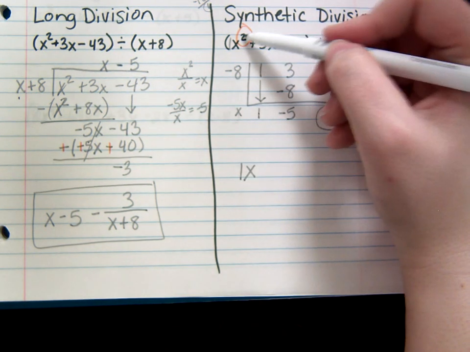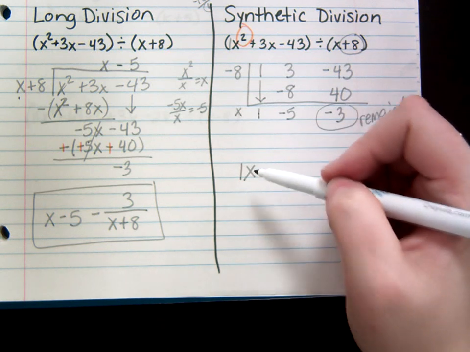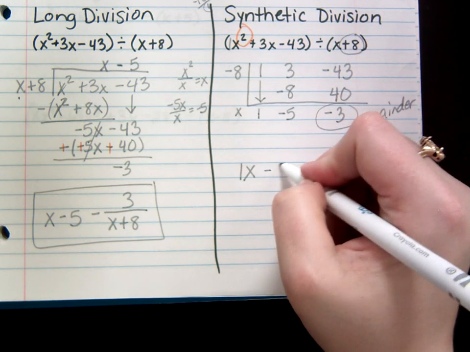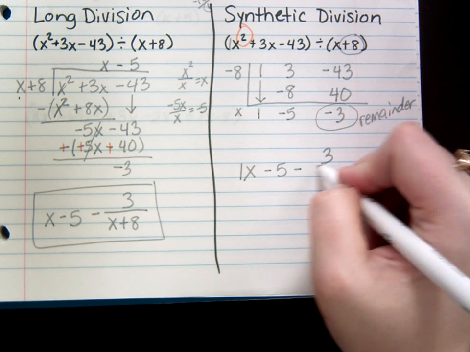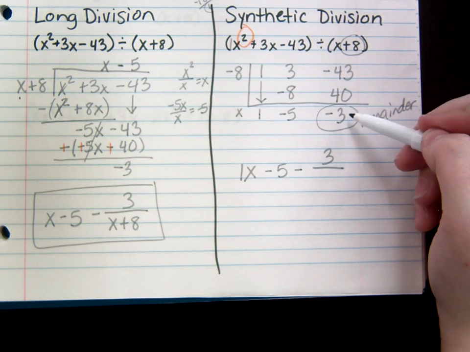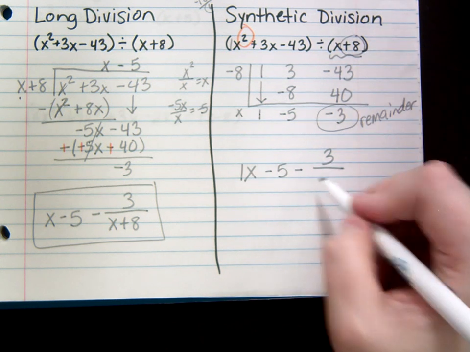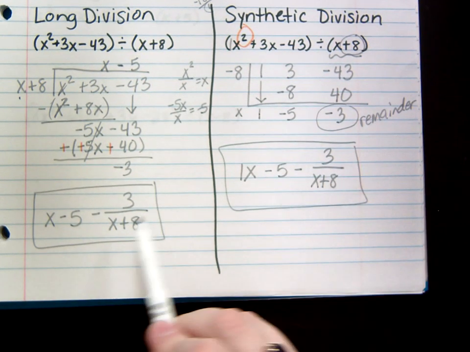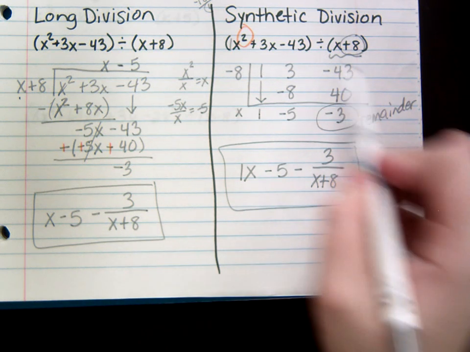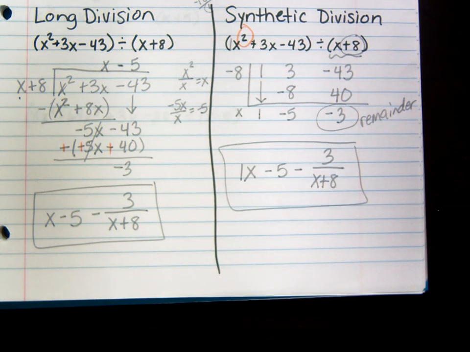So x squared, x, then no x. We're starting with the x part. X, then no x, and then the remainder. Remainder is the number over what we're dividing by, x plus 8. And you can see I got the same thing, but this is a lot faster and easier.